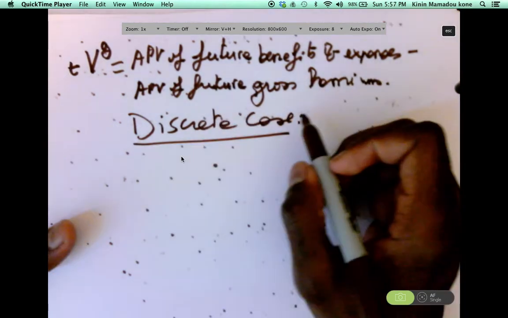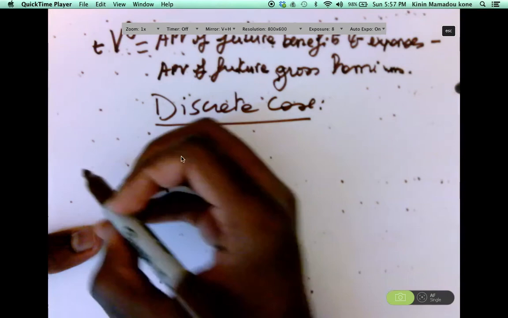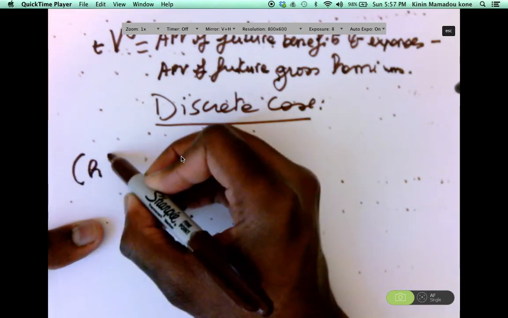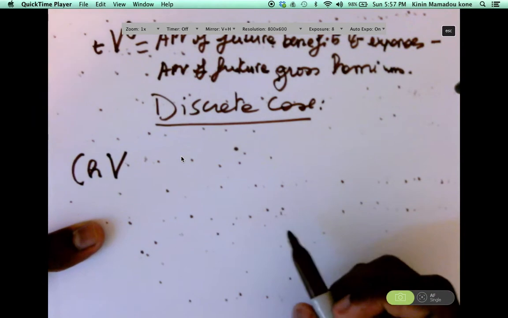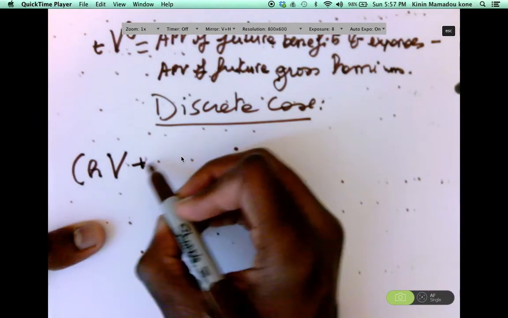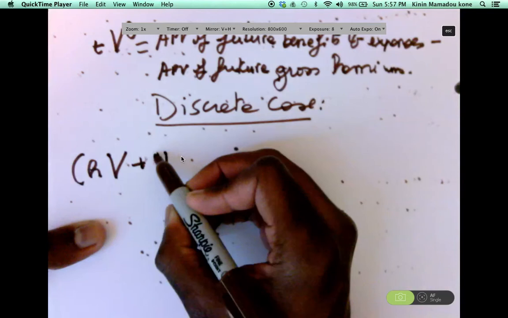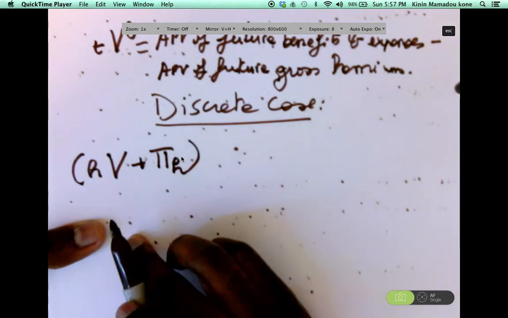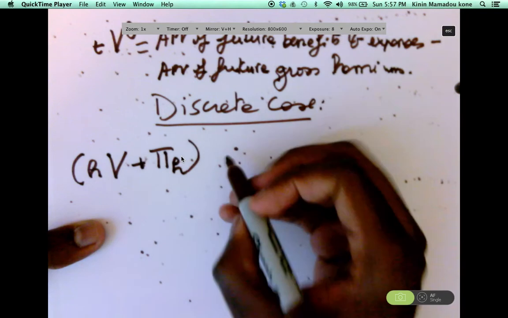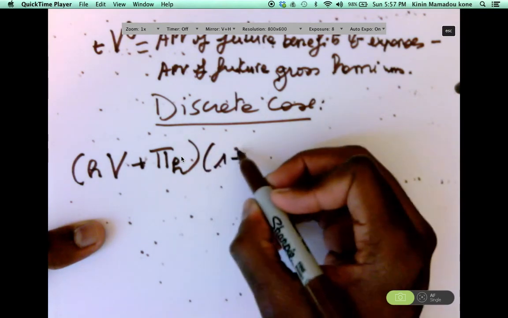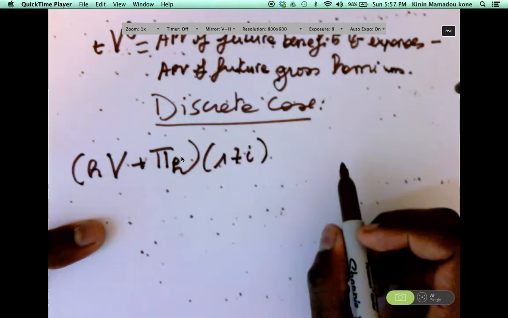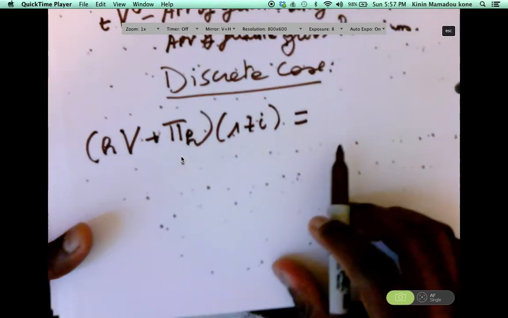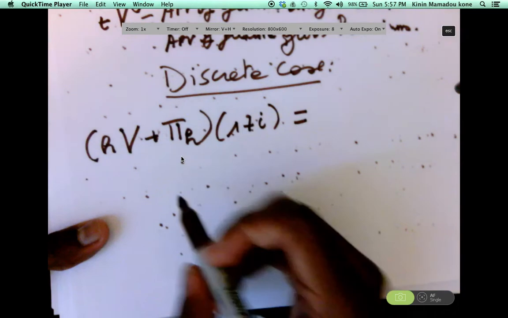The reserve at time h, for example, plus a premium at time h, you accumulate it. If you make it grow by an interest rate i one year from now, it will be the same as paying a benefit.